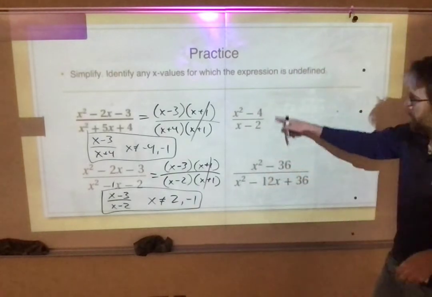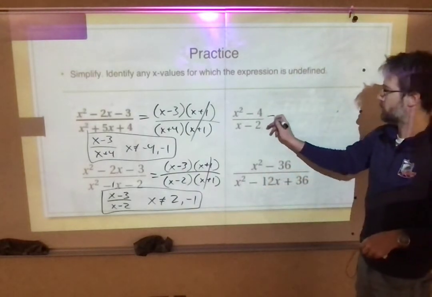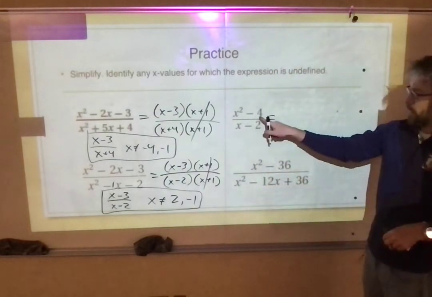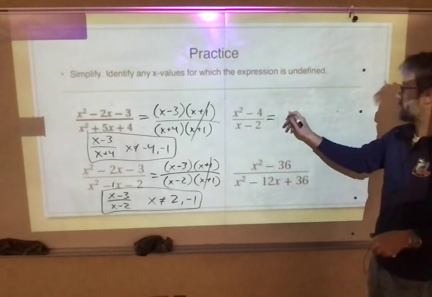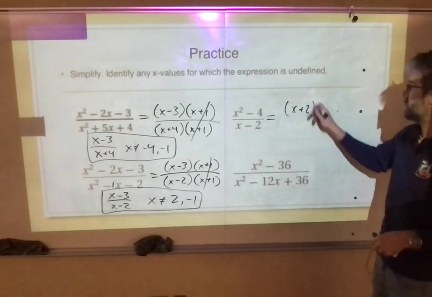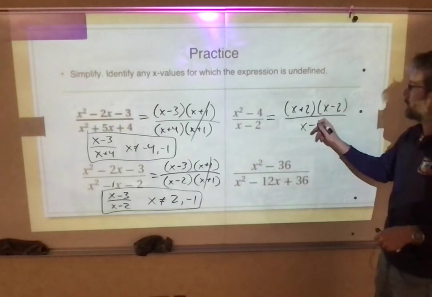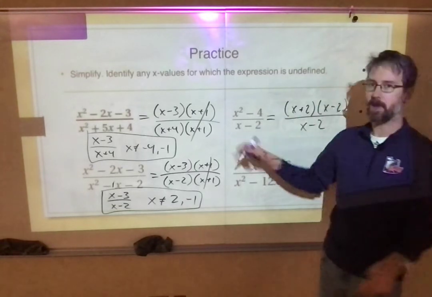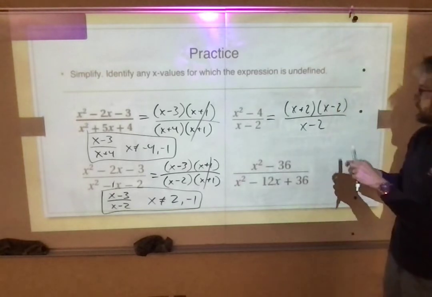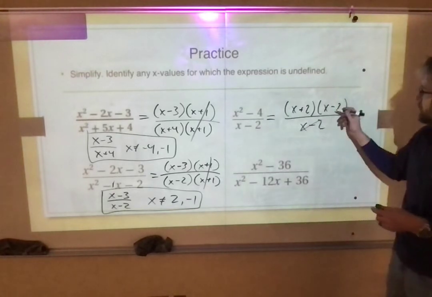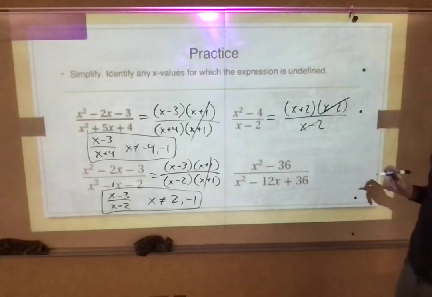All right, over here, we've got a couple of difference of squares. Two numbers that multiply to -4 but cancel each other out. That's going to be +2 and -2. And it's all over x minus 2. Now this one didn't factor, but that's all right. I can cancel out this x minus 2 with this x minus 2 because the whole factor matches.